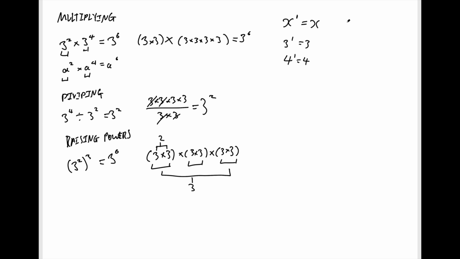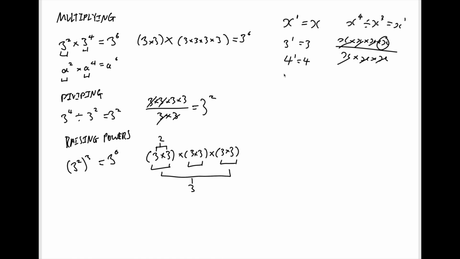So for instance, when we have x to the 4 divided by x to the 3, this brings us with x to the 1, right? But if we do visualize this, what this really looks like is x times x times x times x over x times x times x. So again, we can cancel most of these until we're just left with a single x left. And hopefully from this you can see that it doesn't matter what the base of the power is. After cancelling them, you're always going to end up with one of these bases left. You're always going to end up with x or a or 3 or 4, so it doesn't matter which one's which.